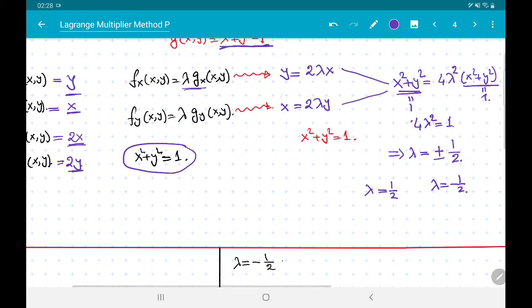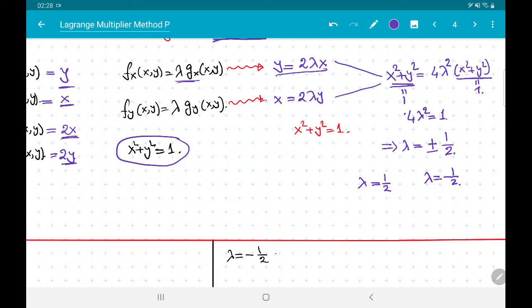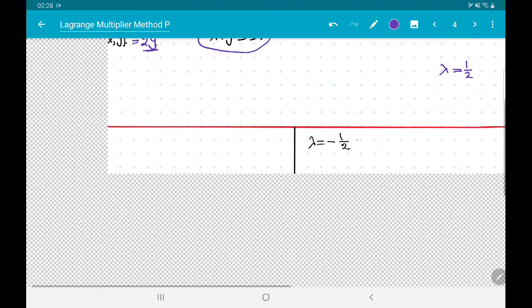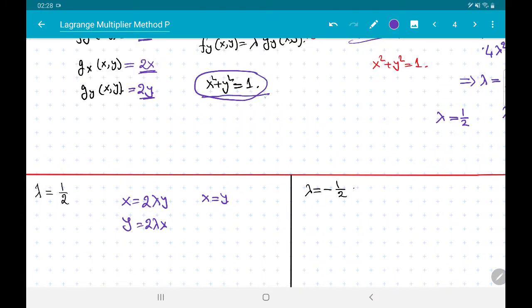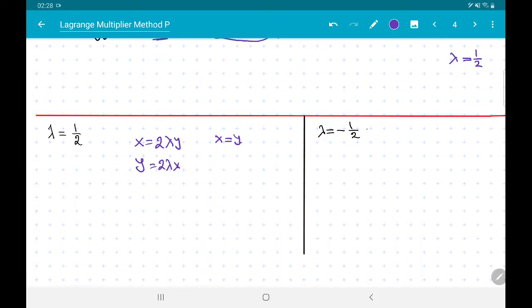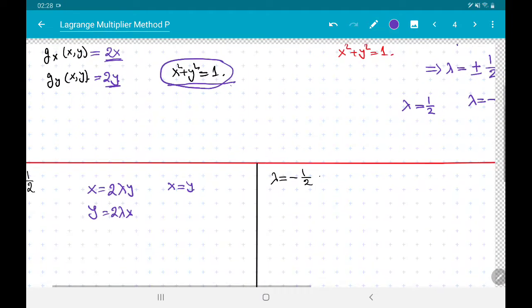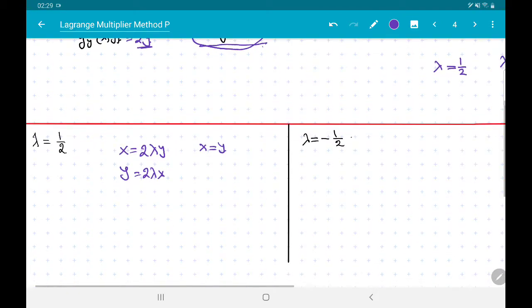We had x equal to 2 times lambda y and y equal to 2 times lambda x. So if lambda is equal to half, then x is equal to y. And what was our constraint? Our constraint was x square plus y square equal to 1. So if x square plus y square is equal to 1 and x is equal to y, then what do we have?